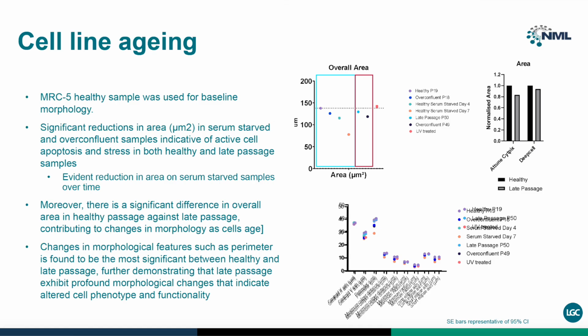Changes in morphological features such as perimeter, for example, are found to be the most consistent and significant between healthy and late passage cells, further demonstrating that the late passage exhibits profound morphological changes that indicate altered cell phenotype and functionality, despite them being able to still grow and proliferate.